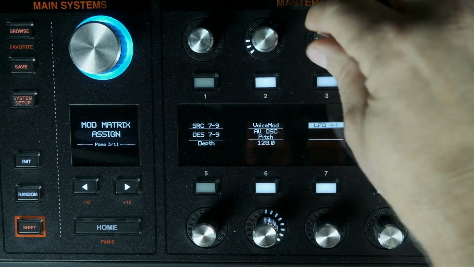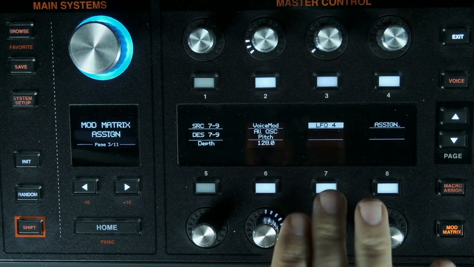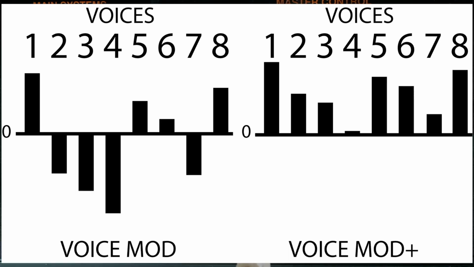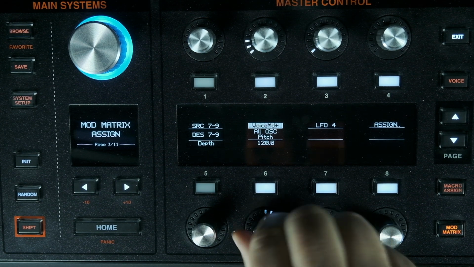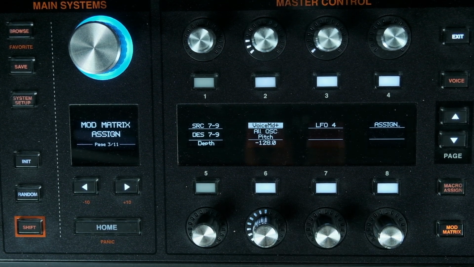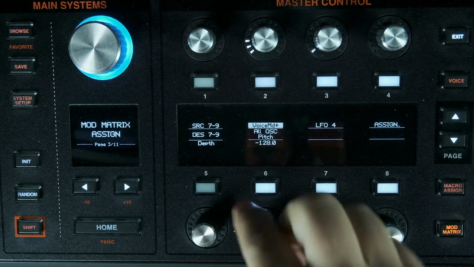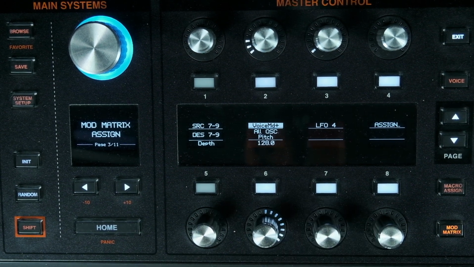Voice mod, like an LFO, is bipolar. So when it modulates the parameter, it's going both positive and negative of that parameter's value. When you set it to voice mod plus, now all it's going to do is modulate it positively above that value. Of course, if I set the modulation amount negative, it's all going to go negative from that value, but it will not swing to both sides.